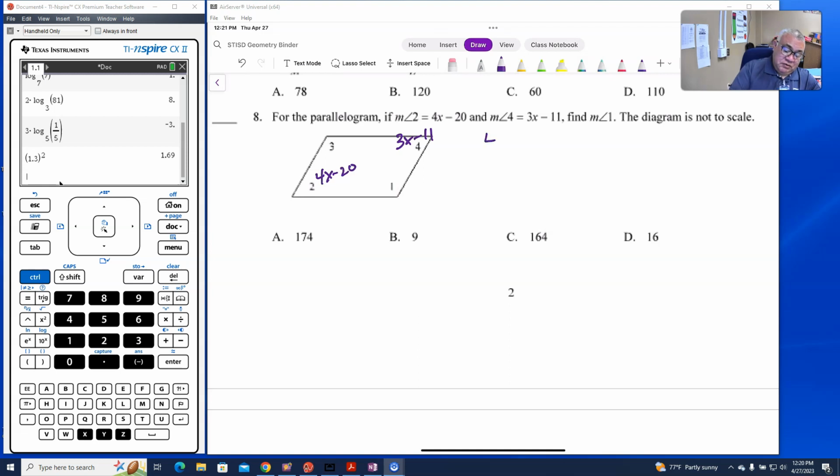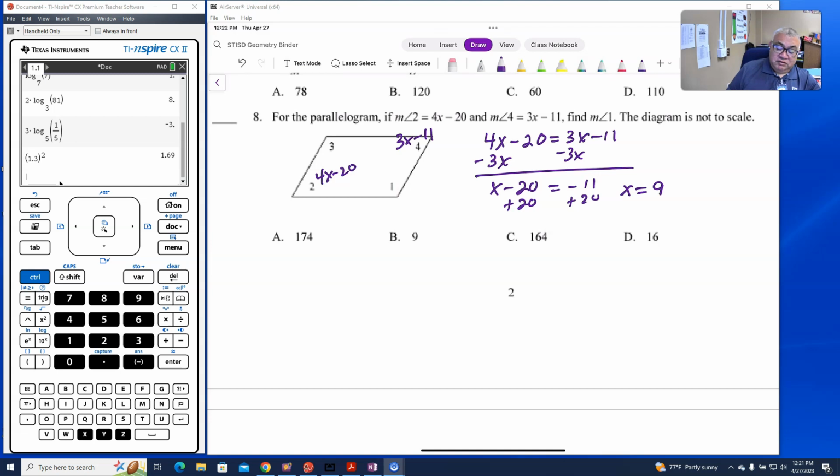Well, we know that opposite angles in a parallelogram are congruent, so you have 4x minus 20 equals 3x minus 11. So we subtract 3x from both sides. We have x minus 20 equals negative 11. We're going to add 20 to both sides. So x is equal to 9.